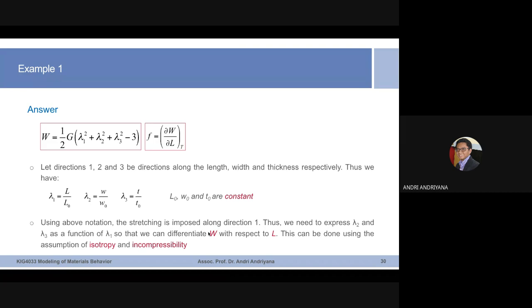Because here, in order for us to proceed, we need to differentiate W with respect to L. And in these terms, only lambda 1 contains L. Lambda 2 and lambda 3 do not contain any L. But actually, there is a link, because lambda 2 and lambda 3 depend on lambda 1. So we need now to express lambda 2 and lambda 3 as functions of lambda 1.